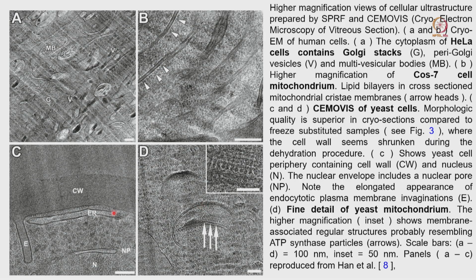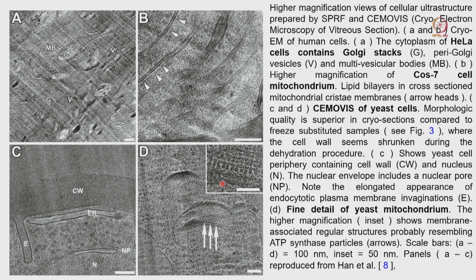After sectioning, you can see the cell wall again, the endoplasmic reticulum, the nucleus boundary, and the nuclear pore. Not only that, you can see the fine details of yeast mitochondria here, and all these fine details inside that cell.